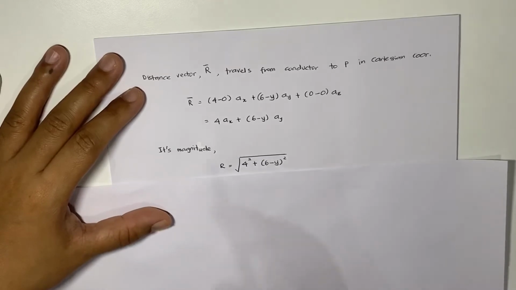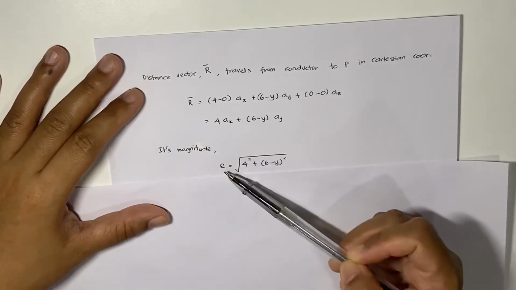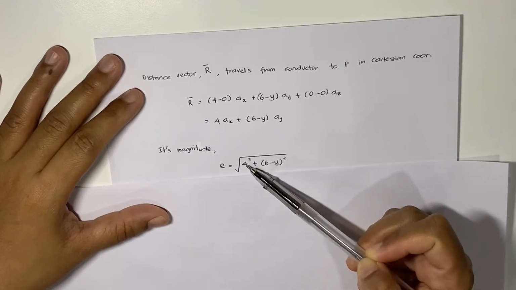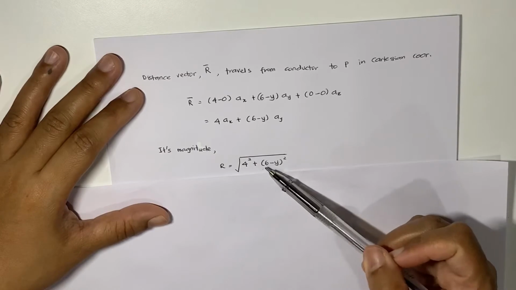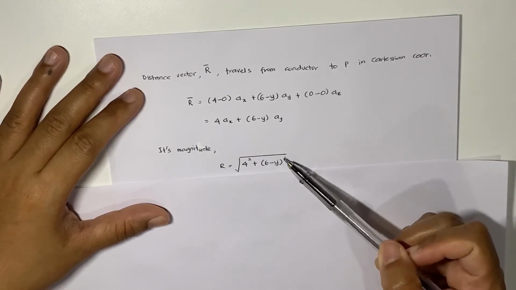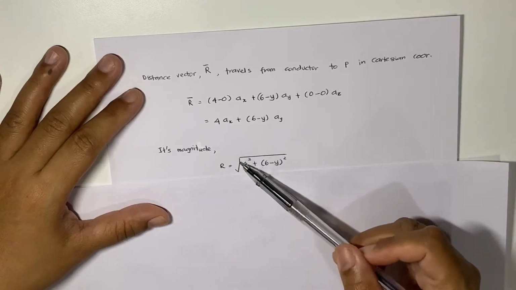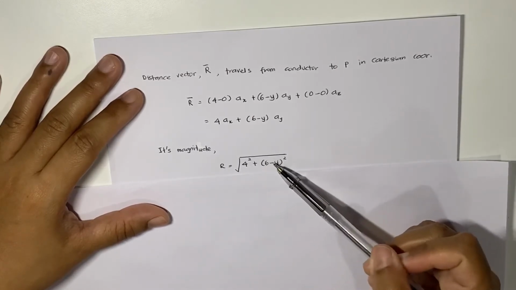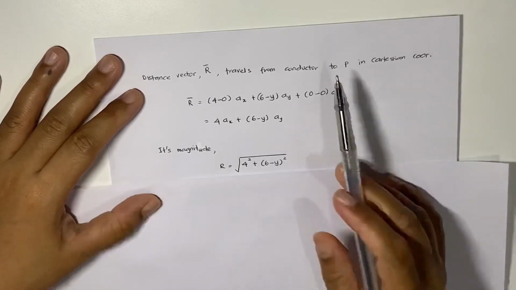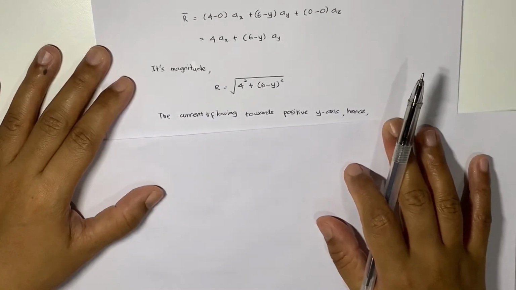R squared is equal to 4 squared, where 4 comes from here, plus (6 minus y) squared. So if you want to find R only, we just take the square root of 4 squared plus (6 minus y) squared. So you will get the magnitude.